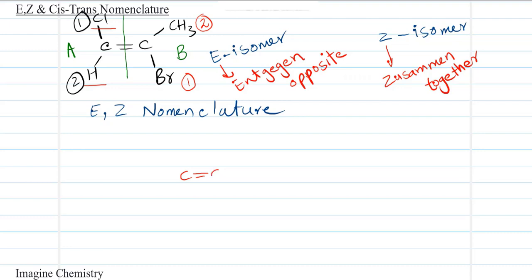Let's say we have a molecule. Here is bromine, here is iodine, here is chlorine, and here is fluorine. The other one is the case where chlorine is on that side and fluorine is on this side.